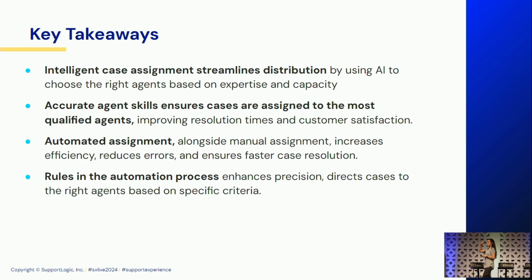We want to make sure that we have the automation in place, but we also have some manual option for the use cases that are more delicate and need some manual touch. And we also want to make sure that we have some rules. So not everything is a black box, and not everything is AI and ML, we also have some rules in place in order to navigate some stuff around and help the machines make the right decisions.